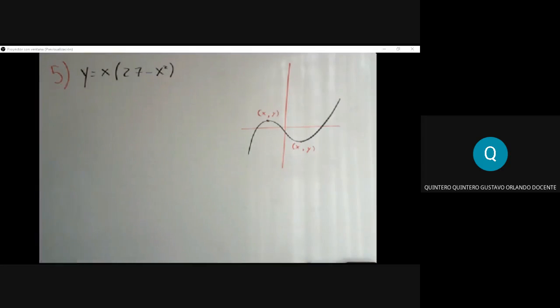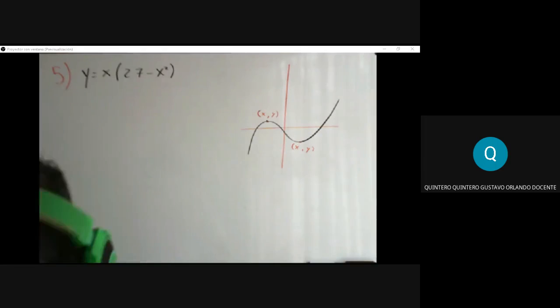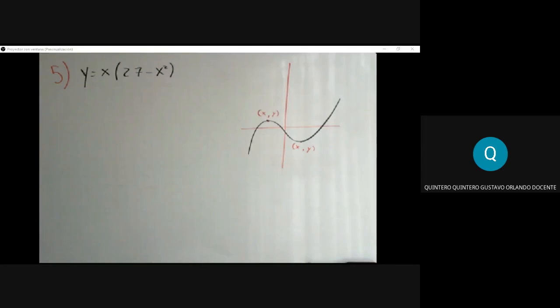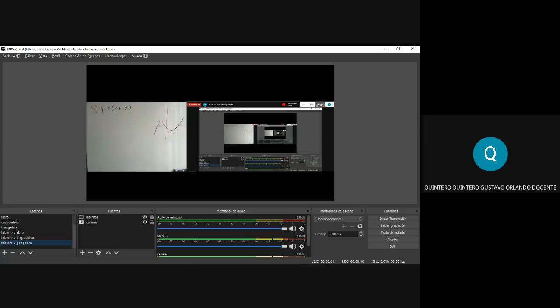Now there is one really simple way of doing this, and that is just graphing this in the calculator. So I'm going to do that right now using GeoGebra. Let me show you how. It's like this.